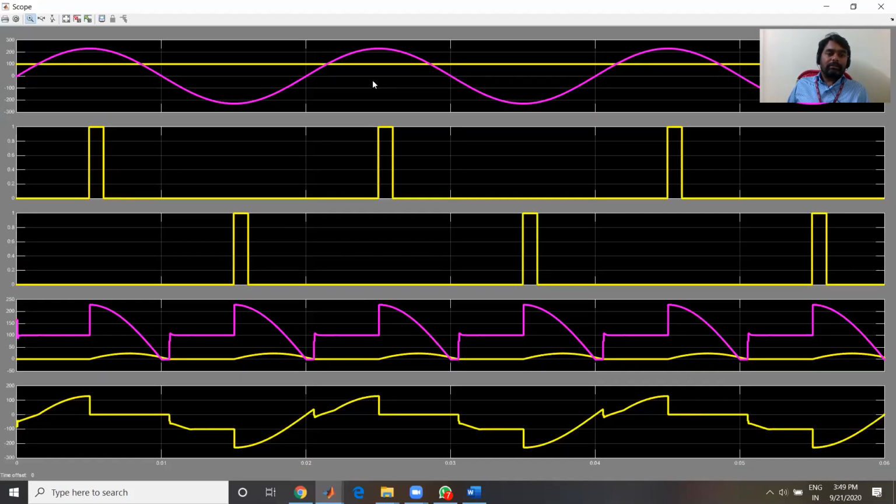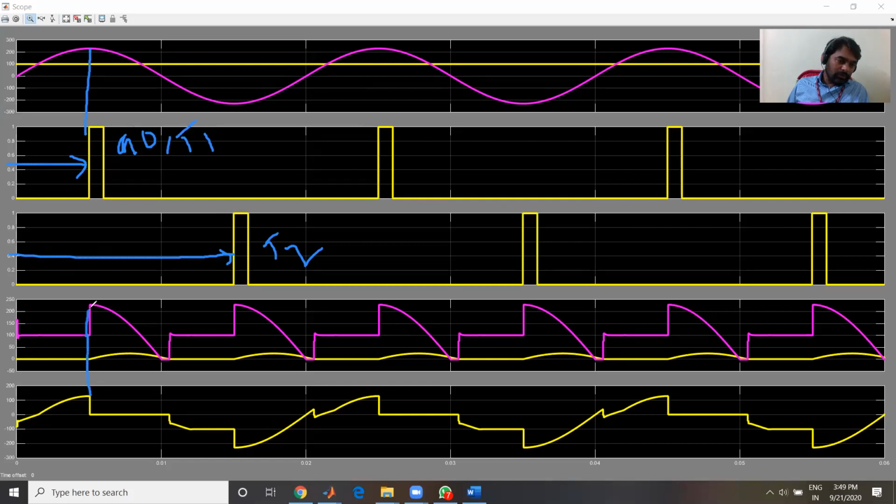Here you can see, this is alpha, which is 90 degrees, and which is given to T1. And this is 90 plus 180, which is 270 degrees, which is given to T2. From this point onward, the output voltage follows the input voltage. And in the current, you can see there is a lag with respect to voltage, charging, then discharging.